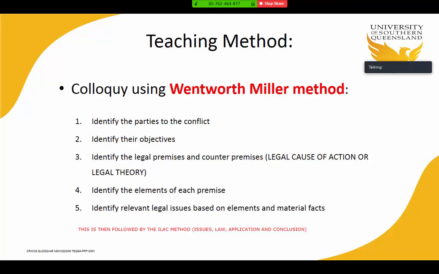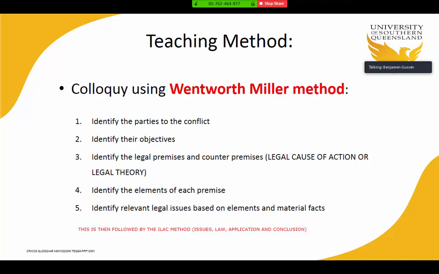Then identify the legal premises and counter premises, also known as legal cause of action or legal theory. For example, negligence. Negligence would be a premise. We call it a premise. A counter premise would be a defense to negligence.